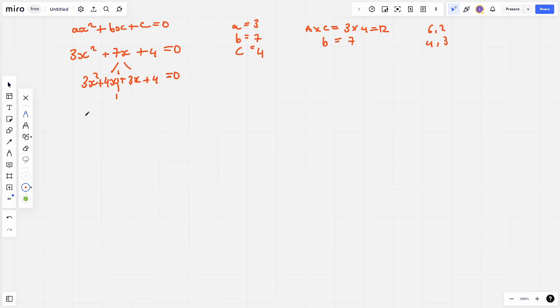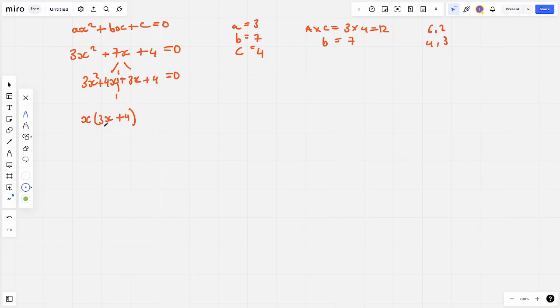So what's the common factor there? We've got x. Now 3 and 4 don't have a common multiple, so that's just going to be x. What multiplies by x to give you 3x squared? Well, you're missing a 3 and an x, so 3x times x equals 3x squared, and the remaining, which is the positive 4x, has to be multiplied by 4 to get 4x.